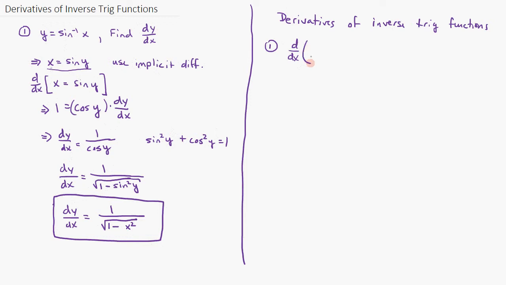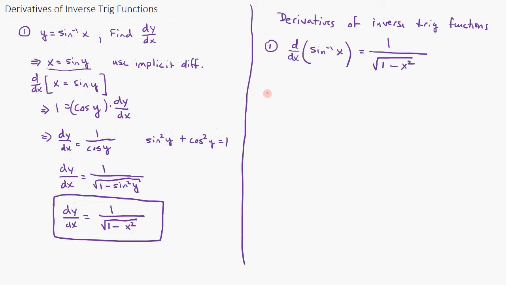So we've shown that the derivative of inverse sine of x is equal to 1 over the square root of 1 minus x squared. I'm going to skip the derivation of the other inverse trig functions, but it follows exactly the same idea: use implicit differentiation, and then use some kind of substitution to get everything in terms of x.